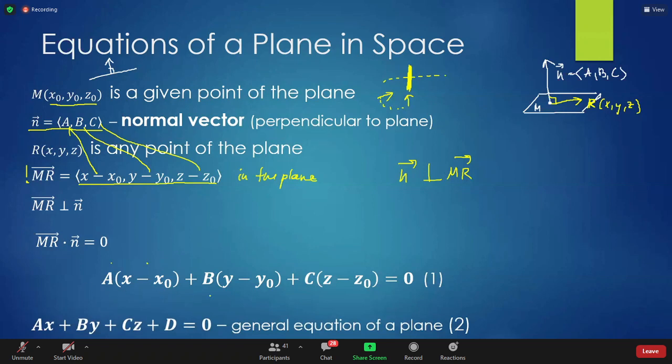If we open the parentheses, we have ax plus by plus cz, and then a times minus x0 plus b times minus y0 plus c times minus z0. These are basically constants, products of constants, and when we add all those products up, you get a single constant d. So d is actually formed from these products, minus ax0 minus by0 minus cz0.